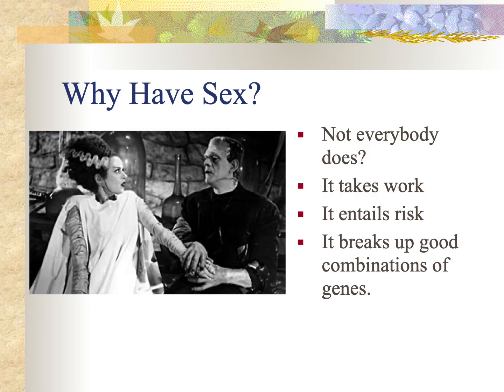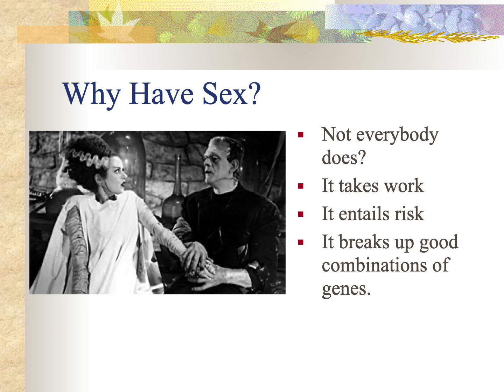This is sexual reproduction. Bacteria don't do this at all. Neither do archaea. None of the prokaryotes have sex. And some of the eukaryotes do without it. They reproduce asexually, like many plants will reproduce by rhizomes or stolons, just spreading roots. They'll produce clones. Some animals will produce clones.